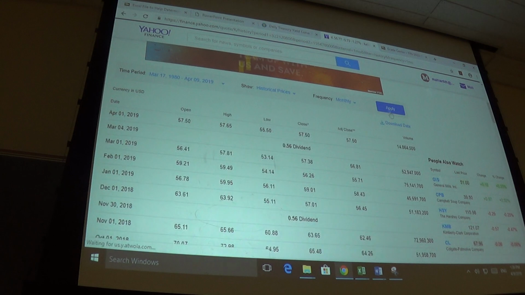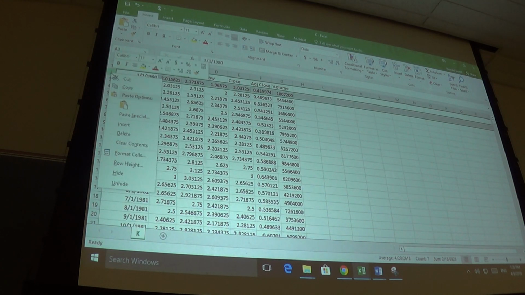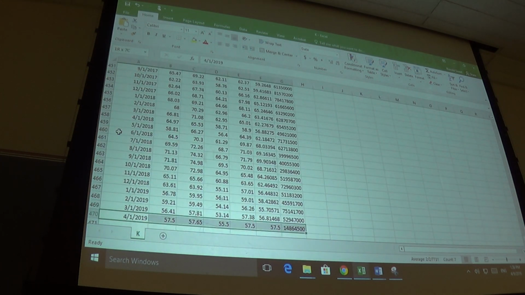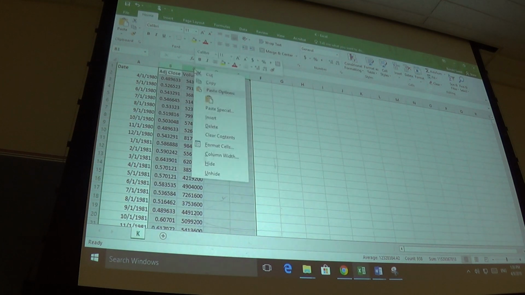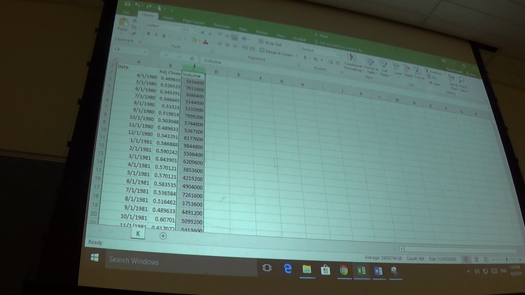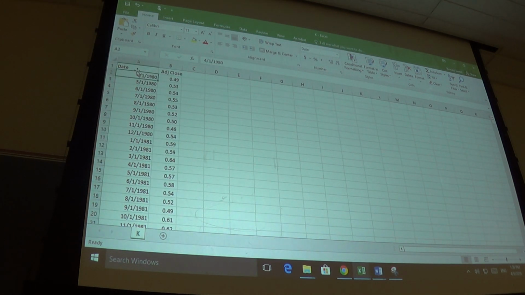Hit the apply button. Bring in Kellogg's. I'm going to get rid of the very first month because we don't know when it really started. Get rid of April because we're not through April yet. The only data we need is the adjusted close, so I can get rid of everything else. Not everything else. I need to keep adjusted close. So there I have it.